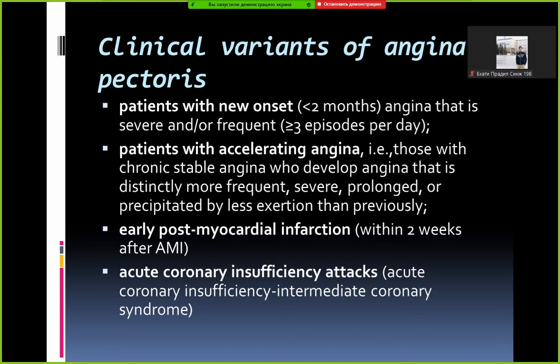Patients with accelerating angina, those with chronic stable angina who develop angina that is distinctly more frequent, severe, prolonged, or precipitated by less exertion than previously. Early post-myocardial infarction angina and acute coronary insufficiency attacks. So these are clinical variants of unstable angina pectoris.